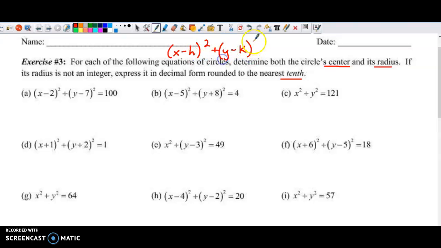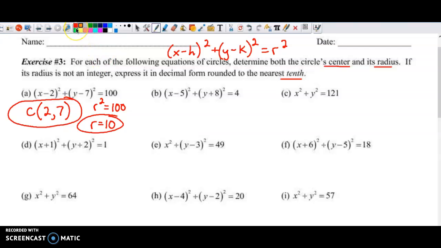And you would find this in any math book. So the center, it's the opposite. So it is +2, +7. And pay close attention because they could easily switch x and y around. But it looks like all of these they actually put in the right order. And the r squared value is 100, so you'd have to square root to make r equal to 10.